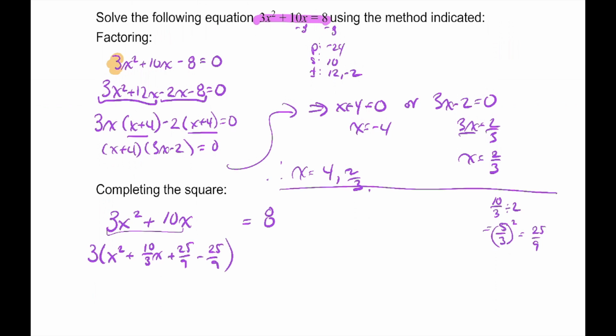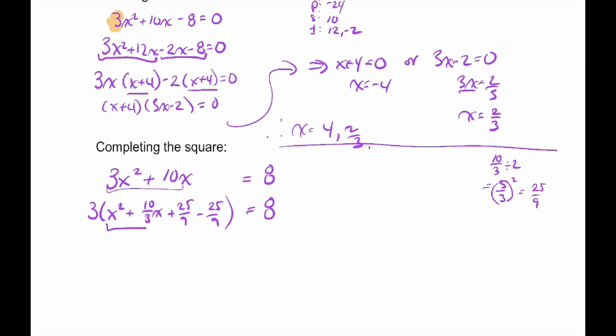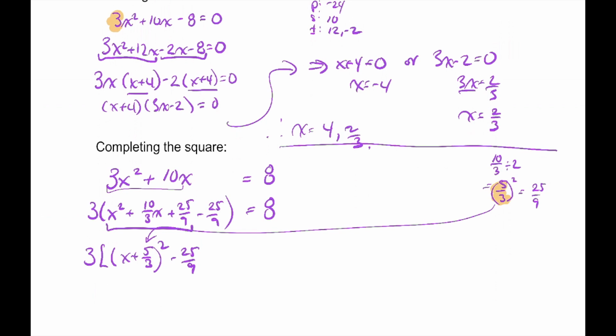The whole purpose of doing that is that the perfect square trinomial becomes x plus 5 over 3 quantity squared. This is why I like doing the work on this side, because this plugs in over here, and then the minus 25 over 9 still sits on the outside.